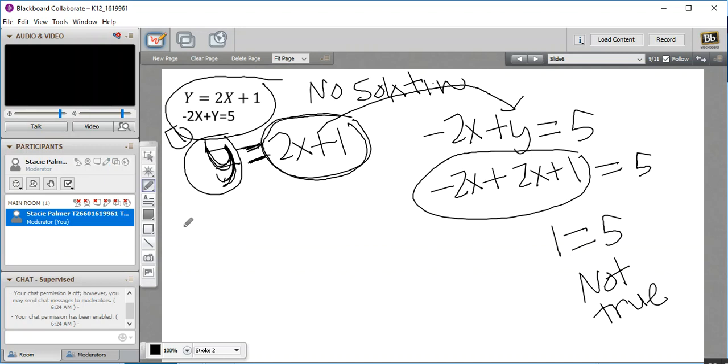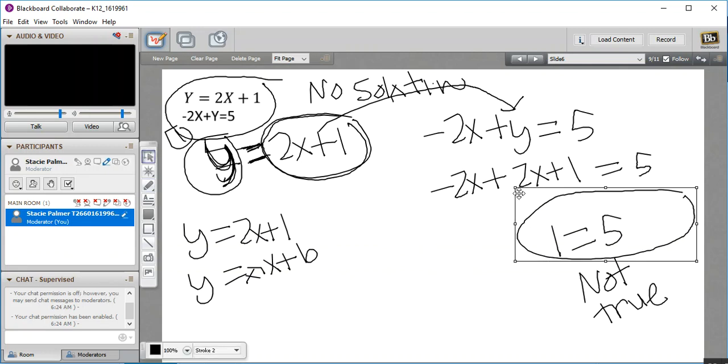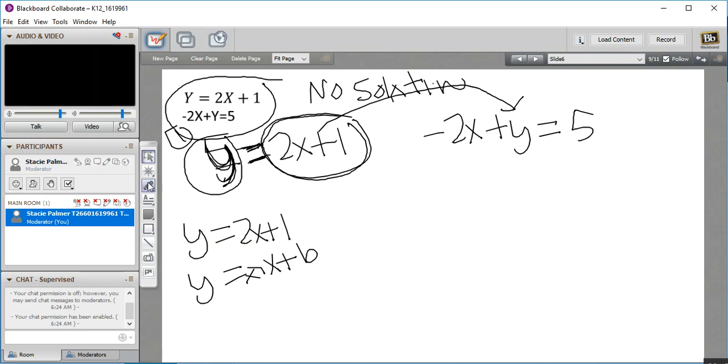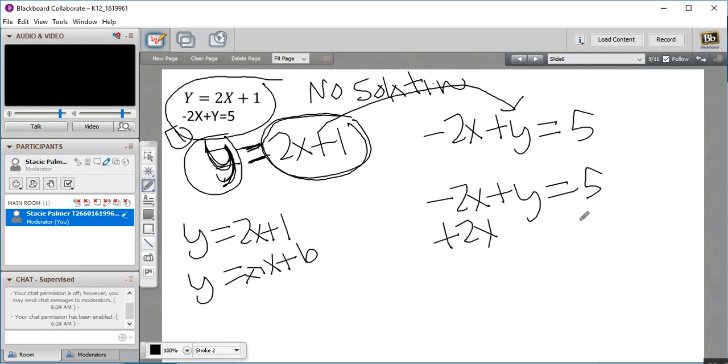Okay, and I want you to look at these two equations. y equals 2x plus 1 is already in slope-intercept form. We know that it crosses the y-axis at 1 and it has a slope of 2. If we take the other equation, negative 2x plus y equals 5, and put it into slope-intercept form by adding 2x to both sides, y equals 2x plus 5.